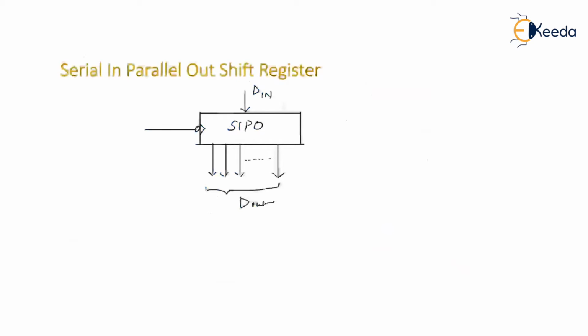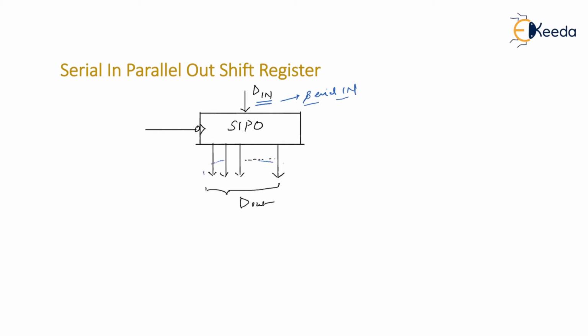So the next type is the serial in, parallel out shift register. As you can see, for applying the input, you have only one pin, and that's the reason why the provision is called a serial input. But once the data gets stored inside the serial in, parallel out shift register, at the same time we get the data out.